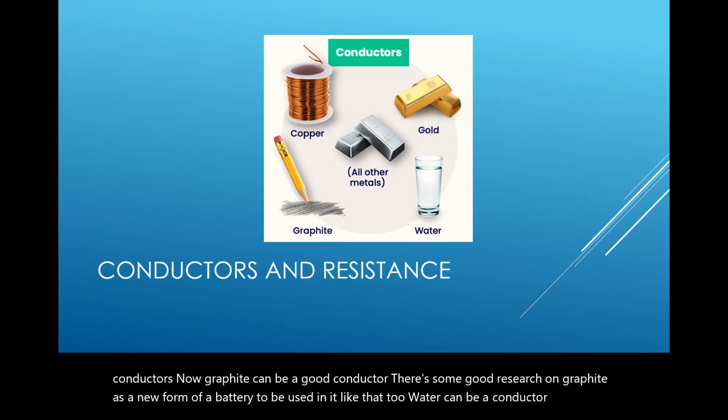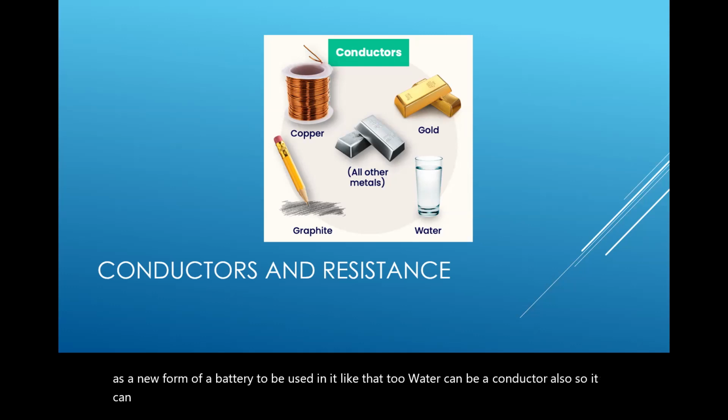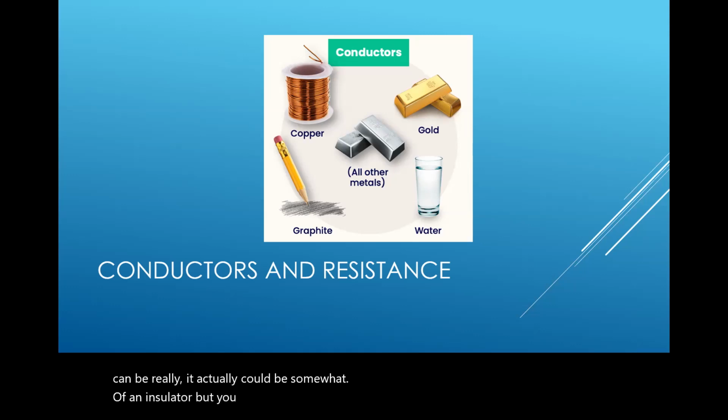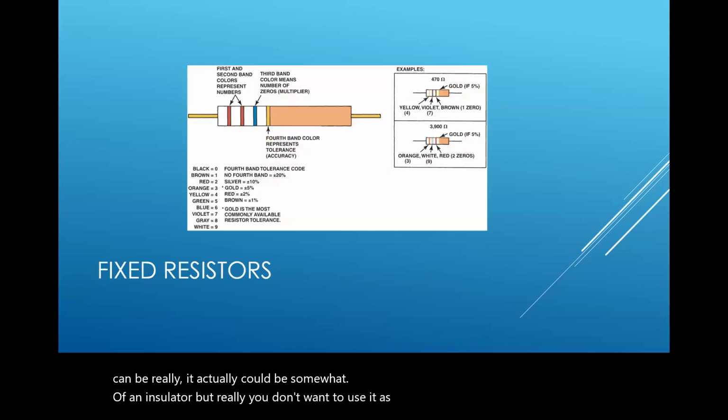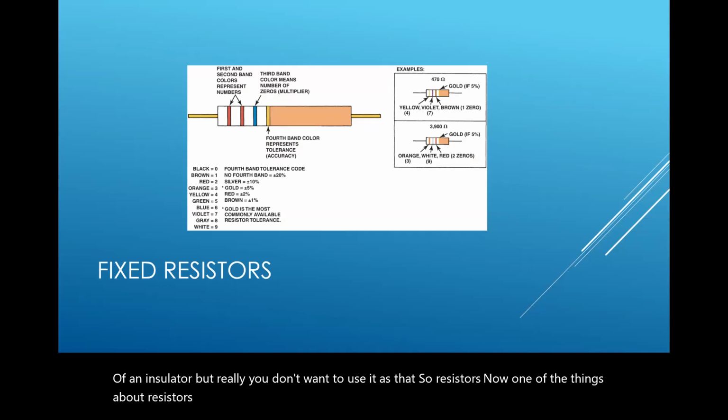It could actually be somewhat of an insulator, but really you don't want to use it as that. So, resistors. One of the things about resistors is there are different types of resistors out there. I'm putting up a picture right now of an actual fixed resistor.